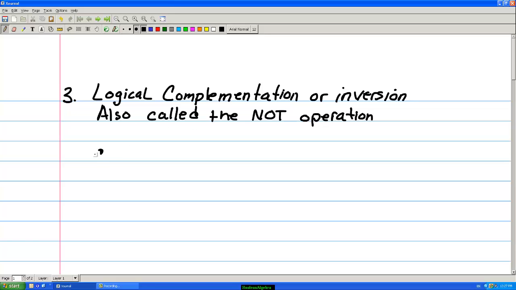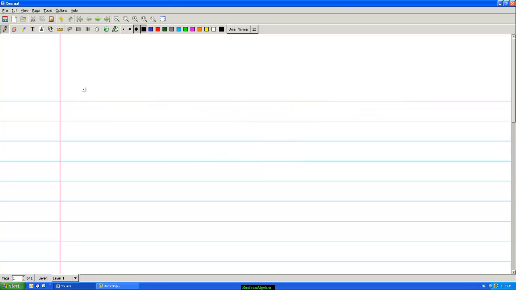And the common symbol is an overbar. So the three basic logic operations are 1, the OR operation, 2, the AND operation, 3, the NOT operation. So let's go ahead and define each one of these.